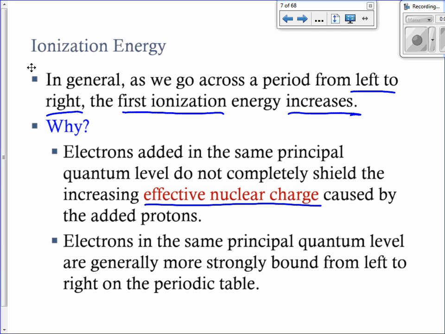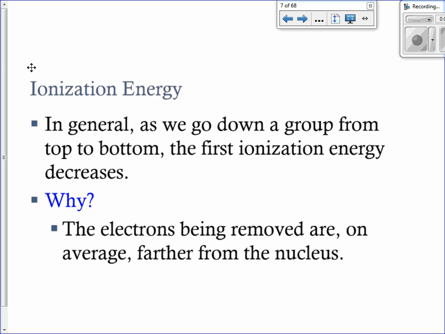If you go down the group, it will decrease. So depending on how you remember it from last year, okay? So in general, as we go down a group from top to bottom, the ionization energy decreases. But I like to think of it as going up and to the right, because therefore they're both going to increase. Up and to the right, both increase. Okay? Left and down, they decrease for this particular one.